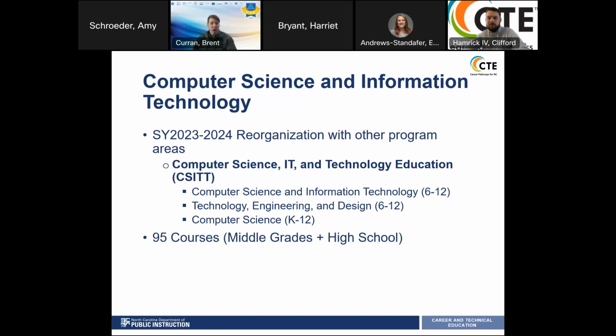Currently, we serve 95 courses. Not all of those are state managed. Some are local courses or subscriptions that individual districts would pay for. In general, we have one of the bigger program areas in our middle grades and high school, anything from coding to robotics, engineering, anything computer science or technology related.